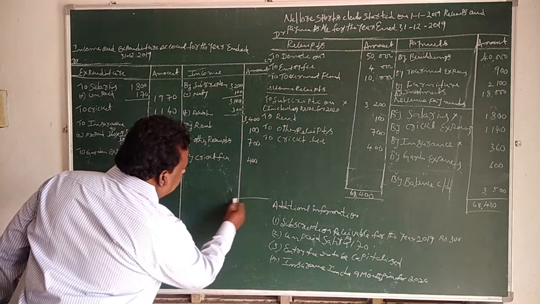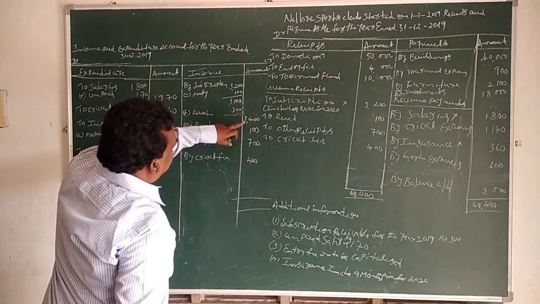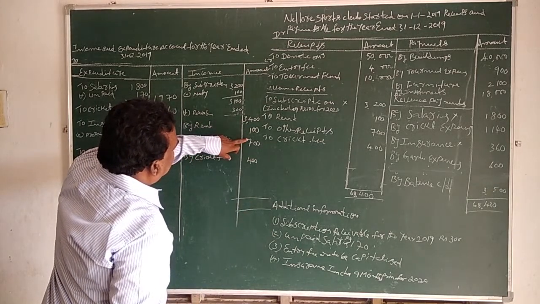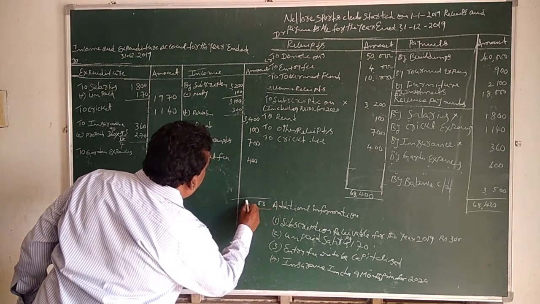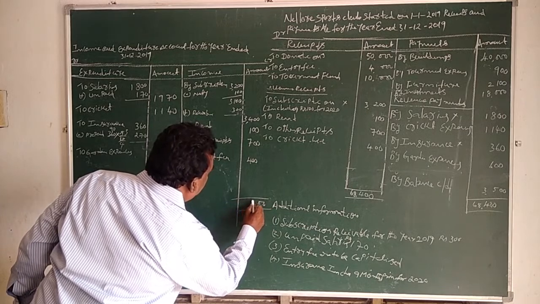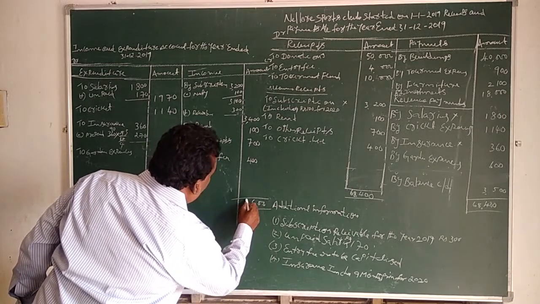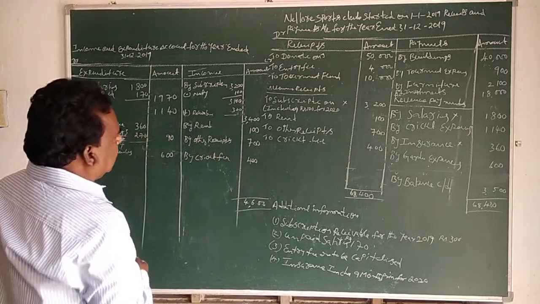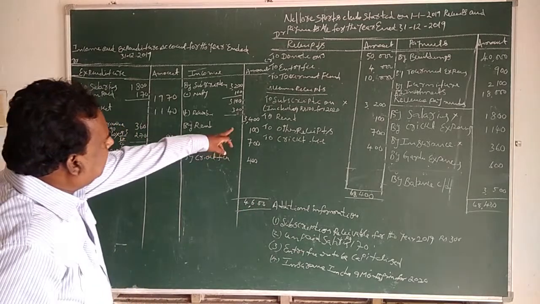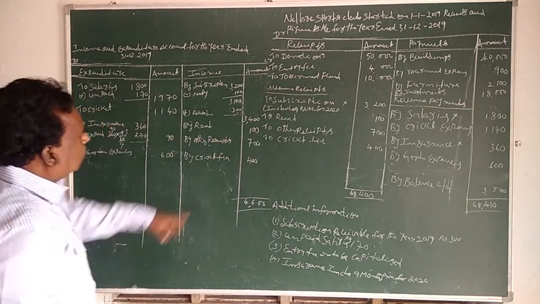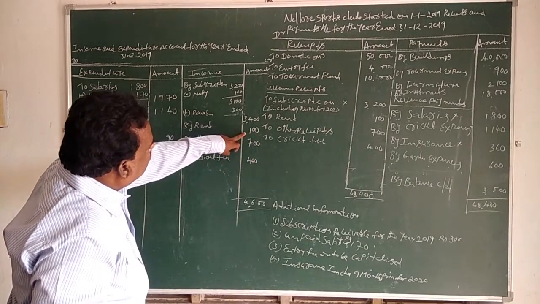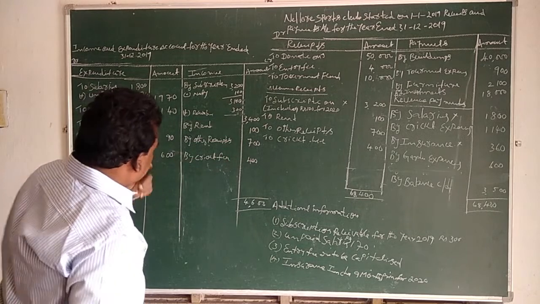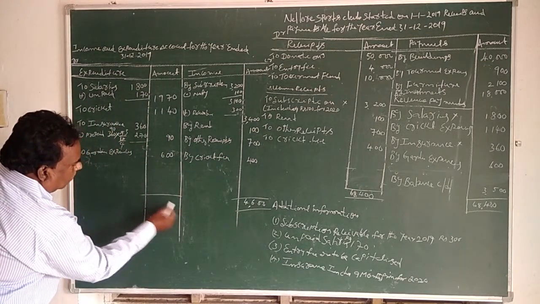So the credit side balance is 4,600. Carry forward to the debit side.